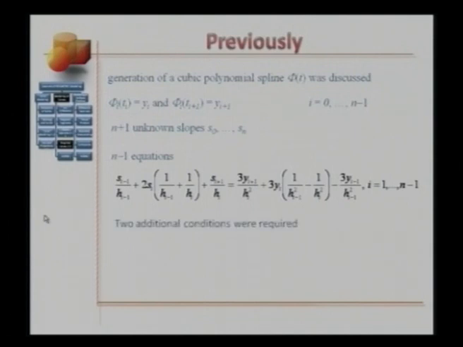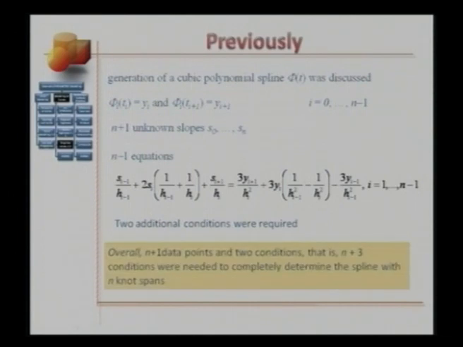But anyhow, to be able to find these intermediate slopes for the cubic polynomial spline to be twice differentiable everywhere, we needed 2 additional conditions. Overall, n plus 1 data points and 2 conditions, that is, n plus 3 conditions were needed to completely determine the spline with n knot spans. In other words, n plus 1 knots.